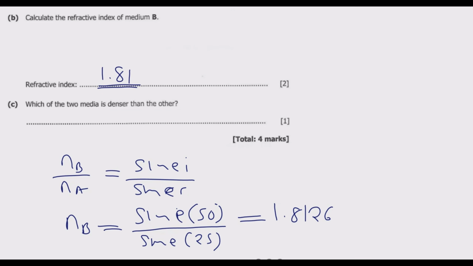Then see which of the two media is denser than the other. So basically what happens is this: this is the normal.